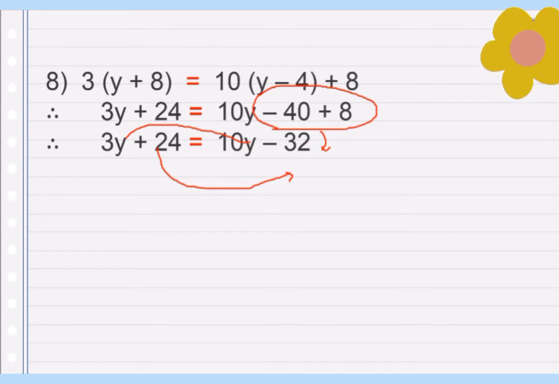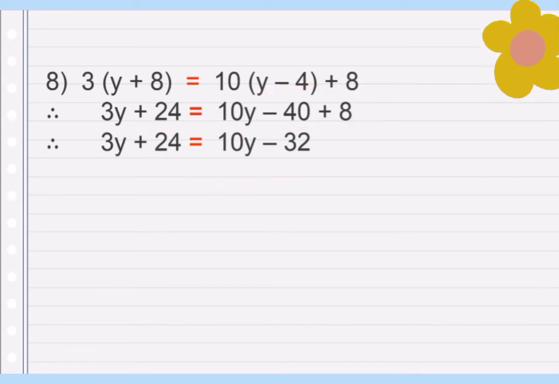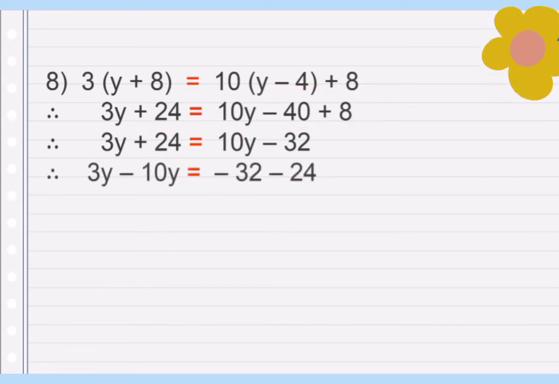Okay, so simply we have to do a few operations. So here 3y minus 10y is equal to minus 32 minus 24. You can see 10y minus 3y is how much? 7y. 10y is shifting from right to left, so plus becomes minus and minus becomes plus.